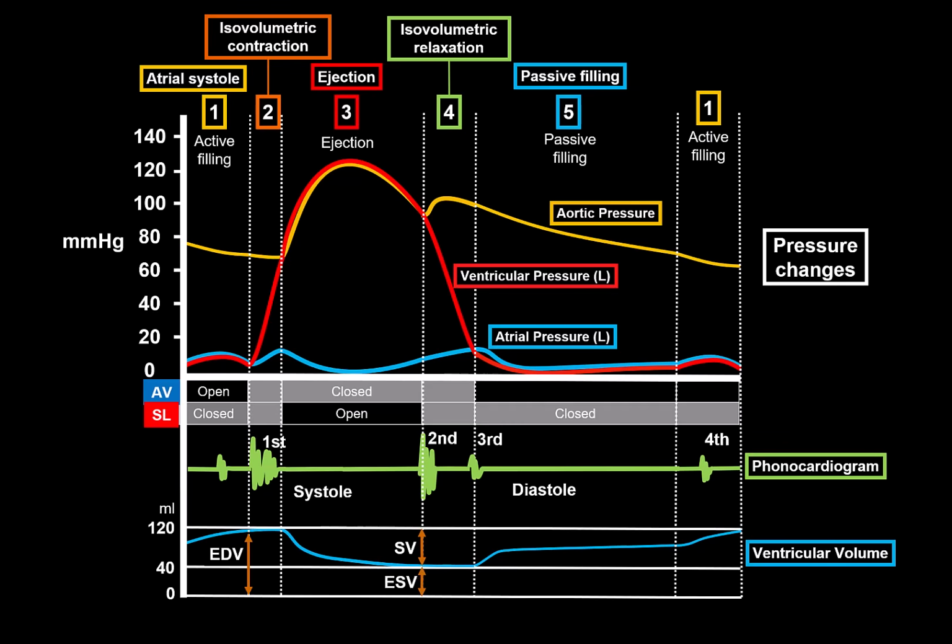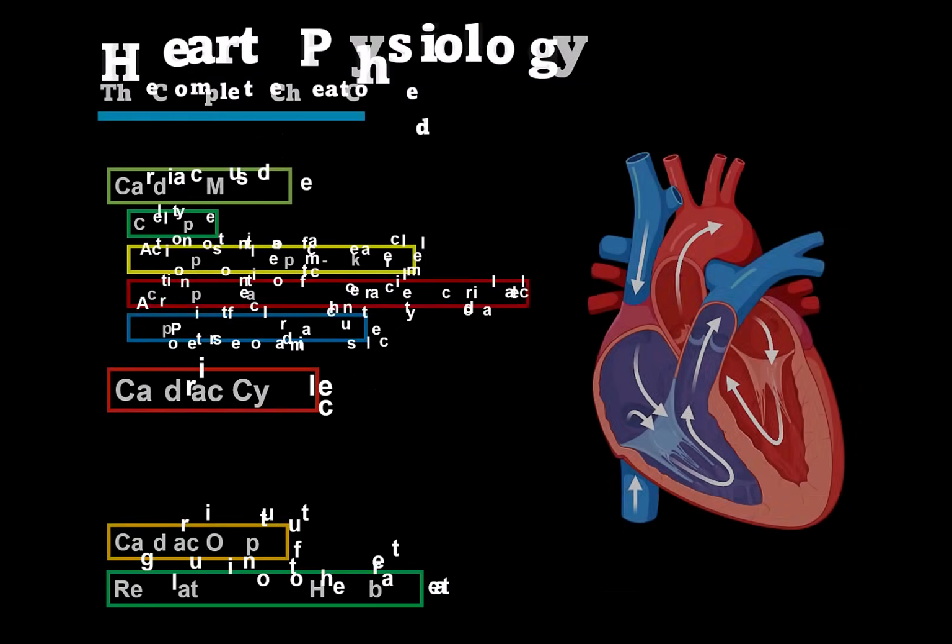And now only the end systolic volume remains within the ventricles, which consists of the residual volume and the reserve volume. And notice now at the end of the isovolumetric relaxation, when the AV valves open, about 80% of the blood is filled passively into the ventricles, and the rest of the 20% is filled actively while the atria is contracting. Alright, so that was everything I had for the cardiac cycle.